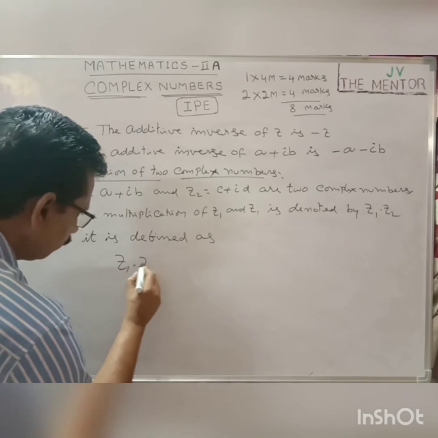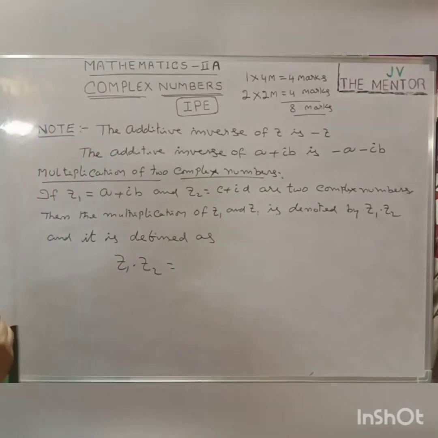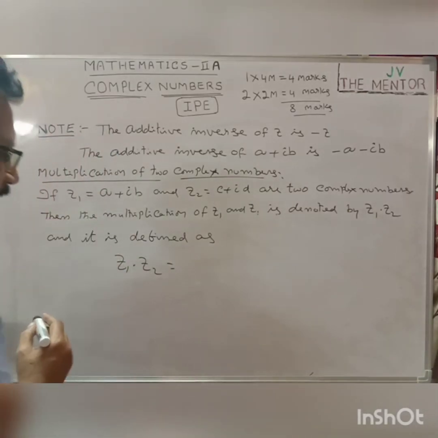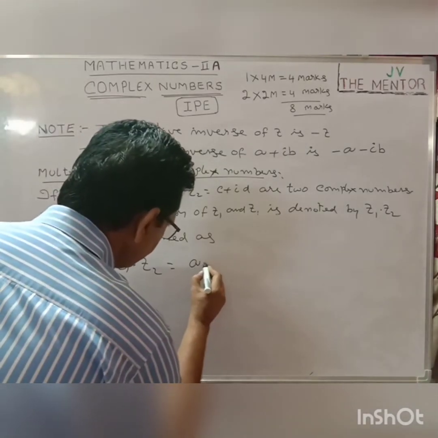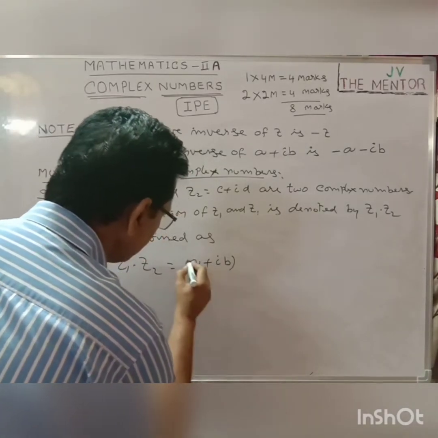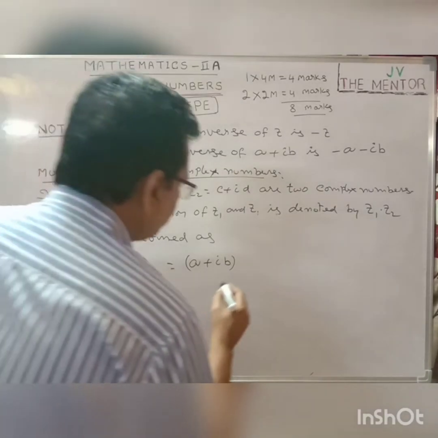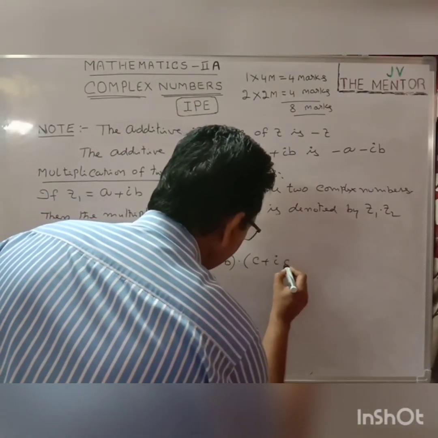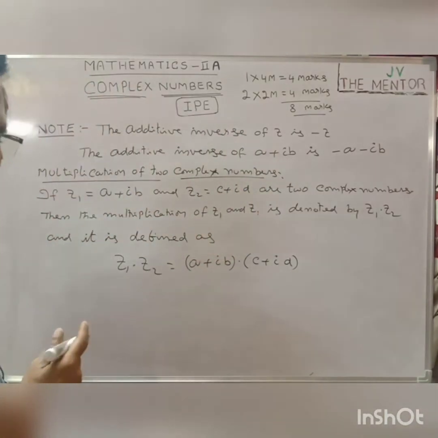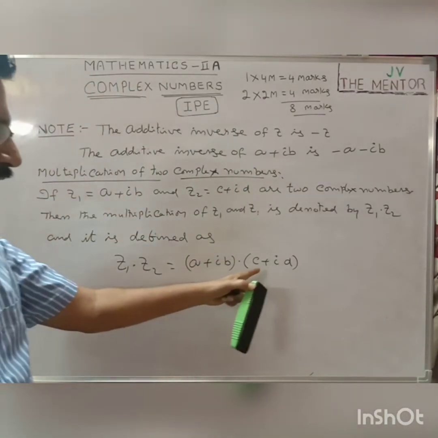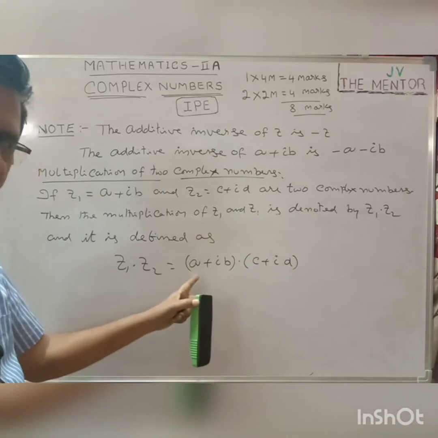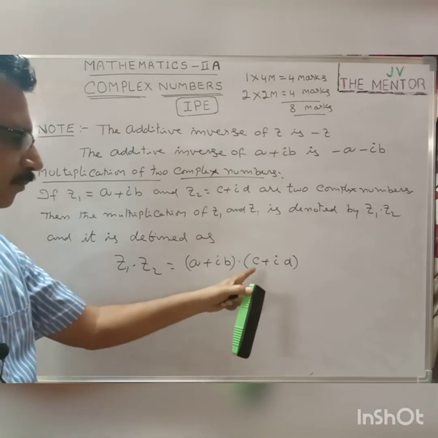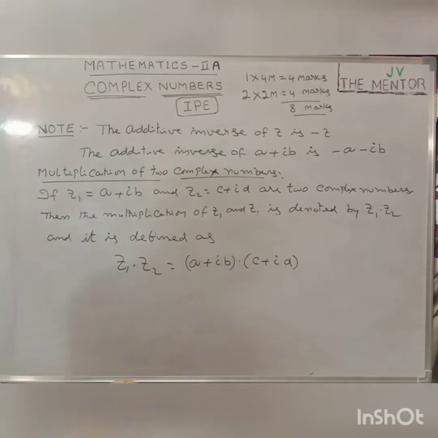Z1 into Z2 equal to, now write Z1. What is Z1? A plus IB. What is Z2? C plus ID. Into C plus ID. It is ordinary multiplication. Now multiplying C plus ID with A and then multiplying C plus ID with IB.